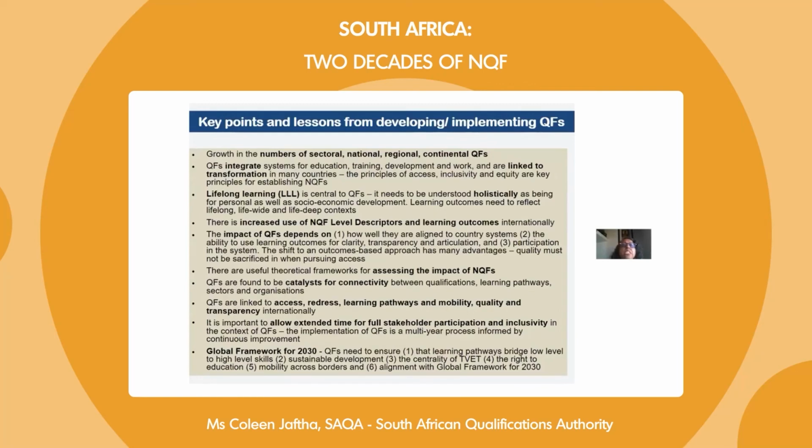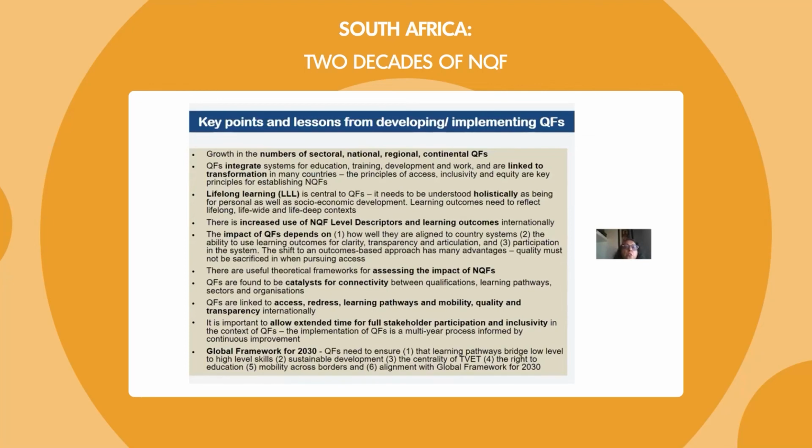Qualifications frameworks integrate, and for South Africa, it integrates our system for education, training, development, and work. It's linked to transformation and all the principles I spoke about. Lifelong learning is central to qualifications frameworks. It needs to be understood holistically and look holistically at the individual needs rather than any sectoral or other agendas.